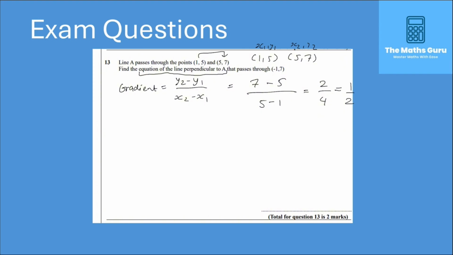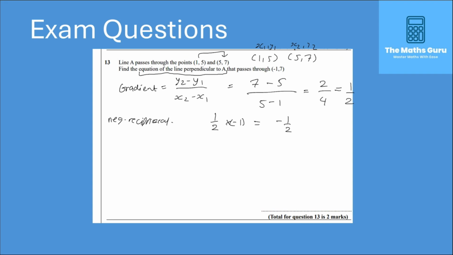And the negative reciprocal means to first negate and then take the reciprocal. So we take our gradient and multiply it by minus 1. This is our negative part, so we get minus a half. Then we apply the reciprocal, meaning we put 1 over our gradient.